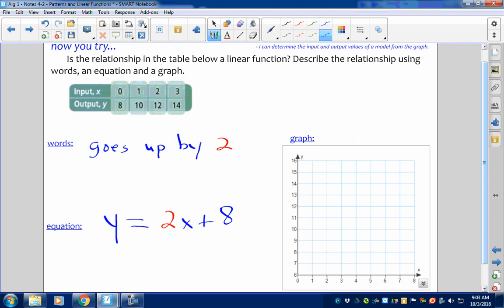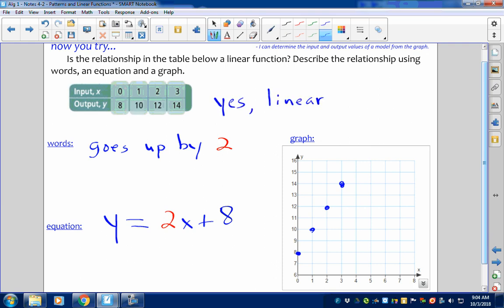And then we graph it. So (0, 8). Visually you can tell this is linear as soon as you get 3 points on the graph. (1, 10), (2, 12), and then (3, 14). So it is linear. So we've described the relationship using words, an equation, and a graph. And if they ask you, yes, it is linear.